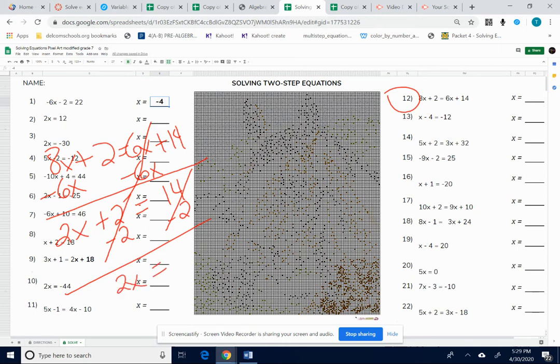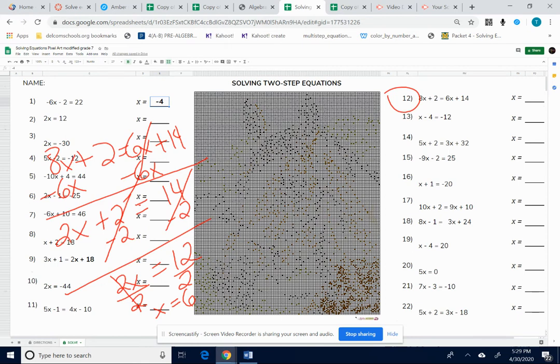On the right, you have 14 minus 2, which is 12. Now get rid of the multiplied number last, by dividing by 2. We end up with x equals 12 divided by 2, which is 6. So problem 12 is x equals 6.